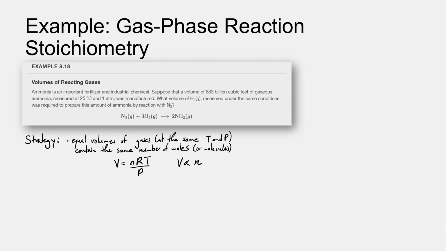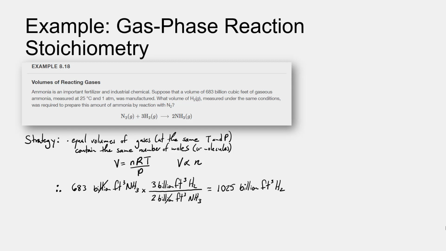So instead of making a calculation based on moles, we can calculate the answer to this problem using stoichiometry related to volume, because volume is proportional to the number of moles. If I have 683 billion cubic feet of ammonia, then I would need 3 billion cubic feet of hydrogen gas, according to the chemical reaction, to react with 2 billion cubic feet of ammonia.